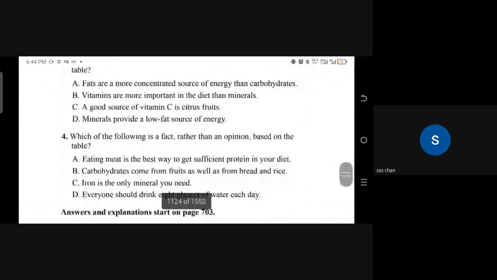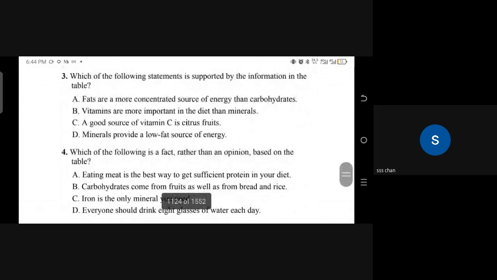Now let's look at the next one. Which of the following is a fact rather than an opinion based on the table?